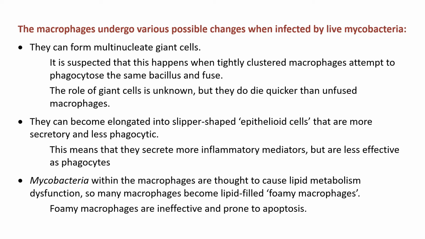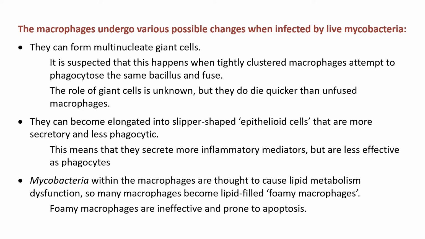So they cause dysfunction in terms of lipid metabolism. What this ends up causing is that a load of lipid starts to collect in the macrophage alongside the mycobacteria that's still alive, of course. So the macrophage starts to fill with lipid.